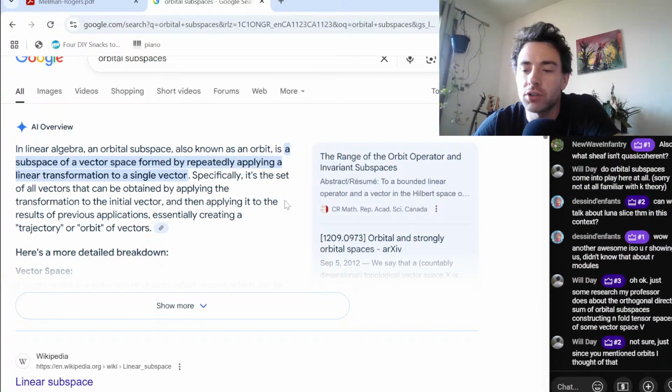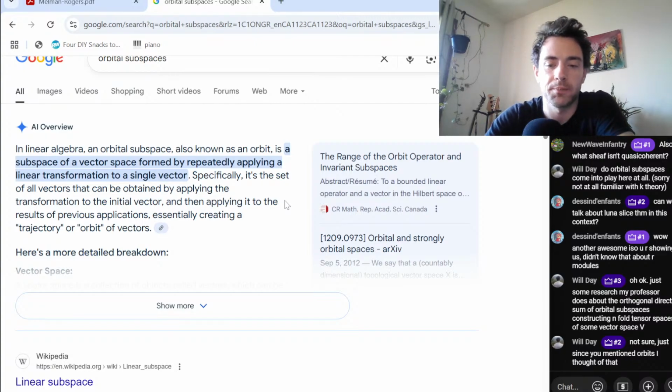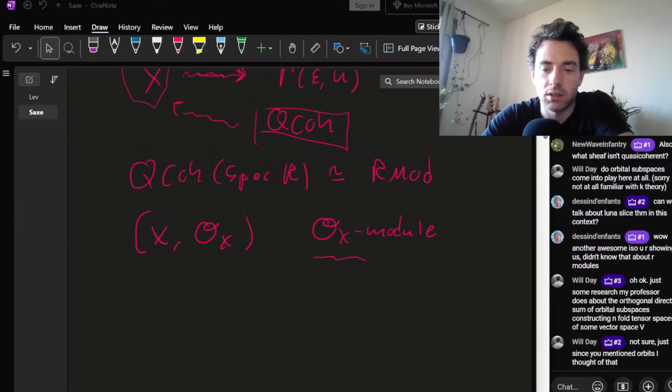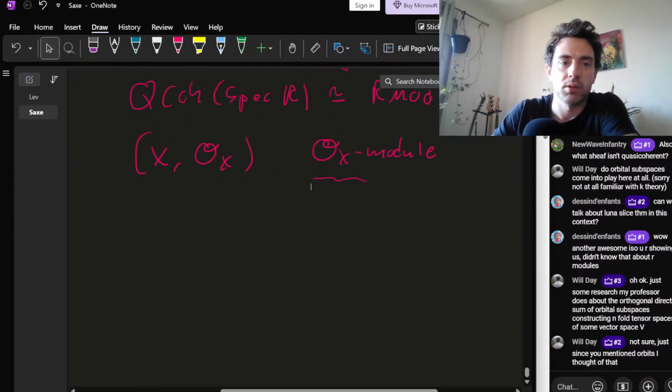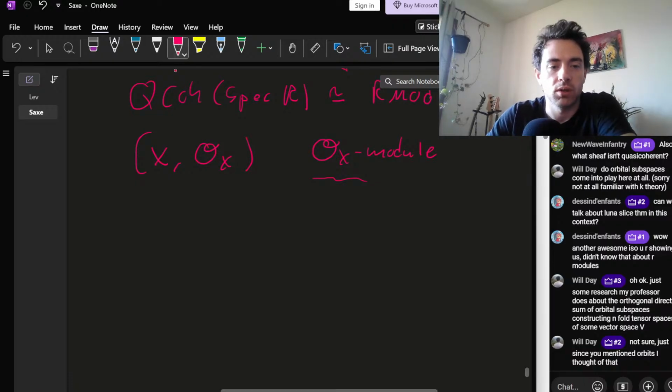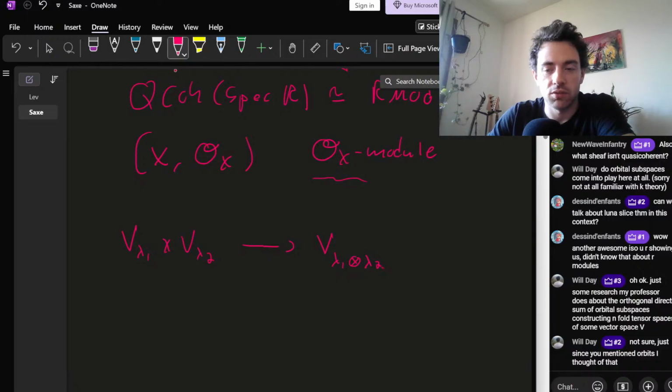And then geometrically, this should give you a map between, so if we have two infinitesimal parameters, we should basically get a map between the products of these two varieties and the tensor product of these two infinitesimal parameters. And then there's an interesting question of what this means geometrically?